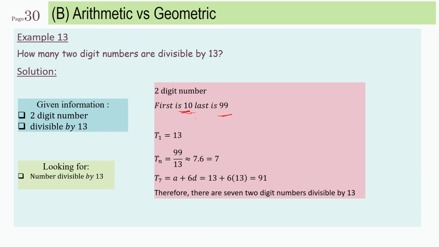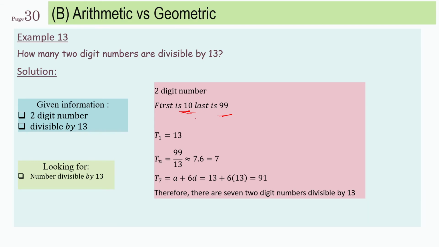We know T1 is 13, the first one is 13, and we want to know what our last term is. From this calculation easily we can find that n is equal to 7. So I have T7.